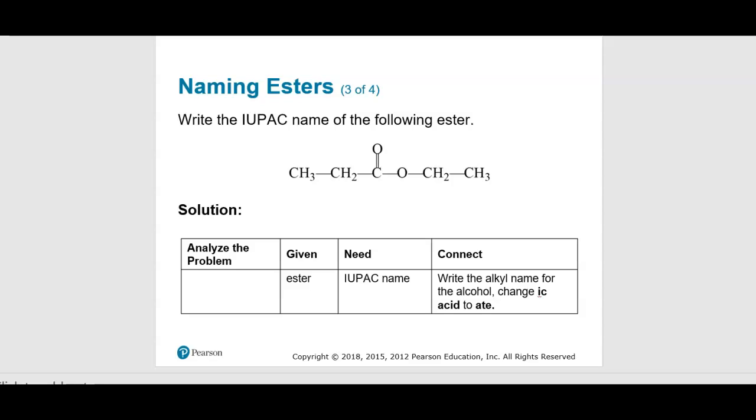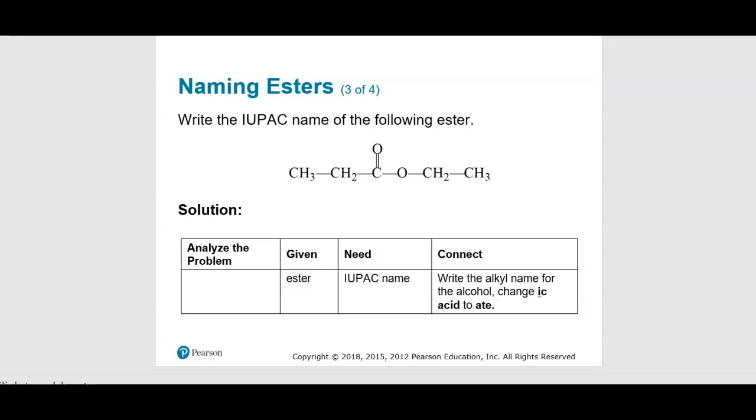C2H5, there are 2 carbons in that alcohol. Remember, the acid has the double bond on it, and the alcohol doesn't have any. It's just got an oxygen on it. So C2H5, that's an ethyl group.